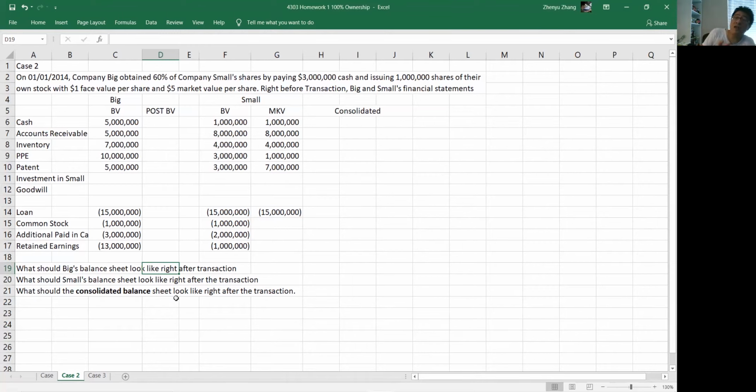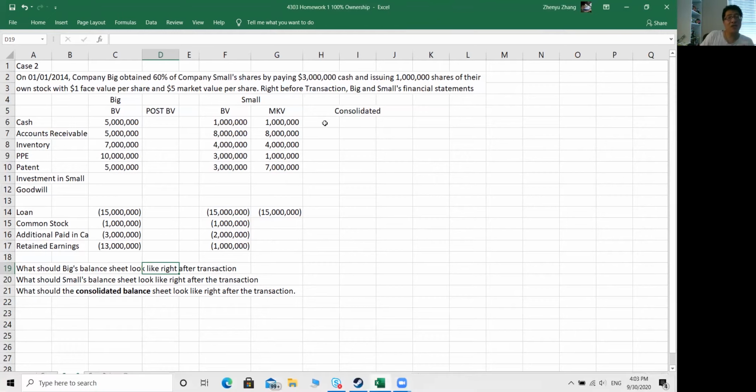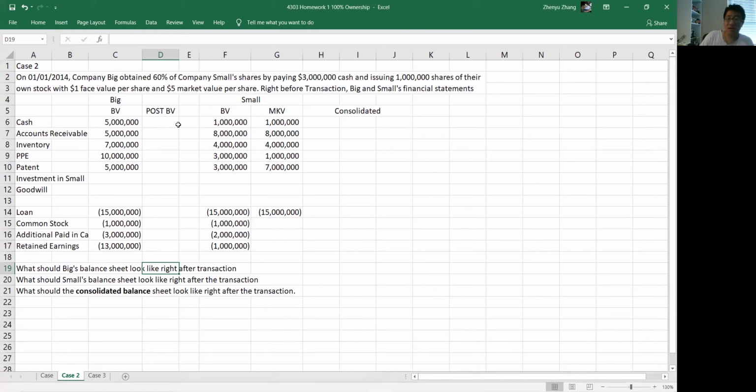So for example, in this case, 7 million inventory here, 4 million inventory here. No matter if it's 100% or 60% or 51%, Small has 4 million inventory and Big has 7 million inventory. So together they have 11 million inventory. Can we see that? This should be clear to everybody, in my opinion.